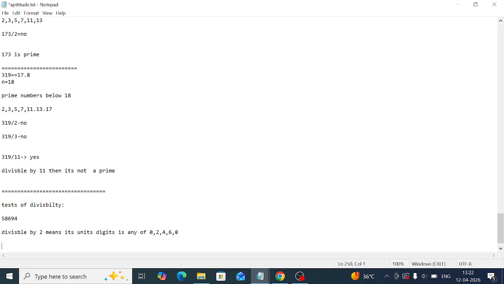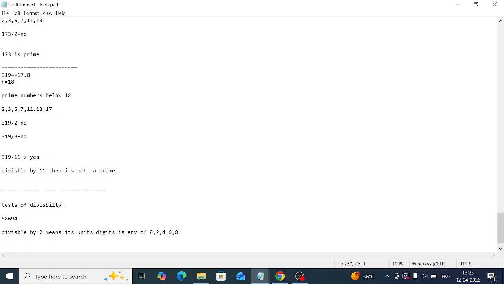Then only you can say that this number is divisible by 2. See, this number is divisible by 2, because its unit digit is 4.